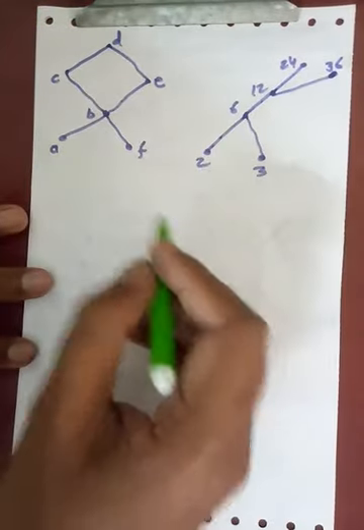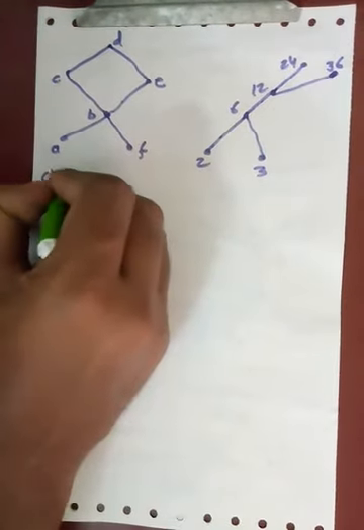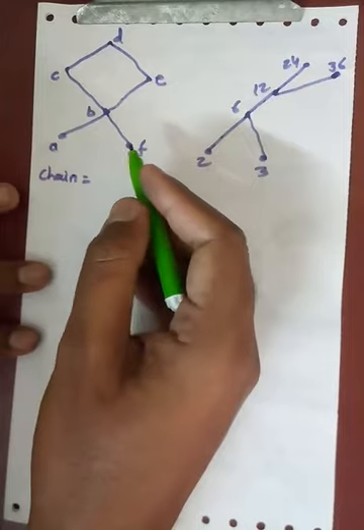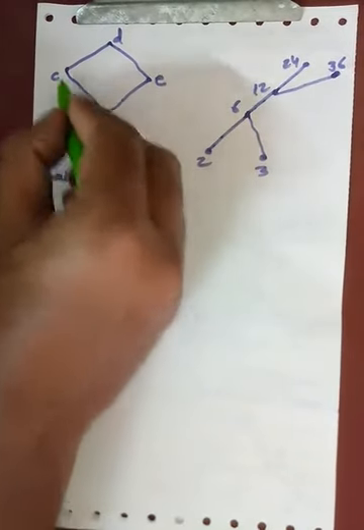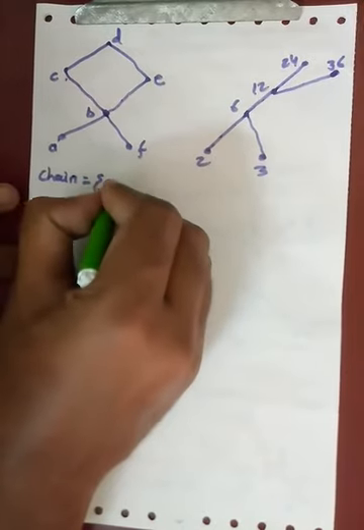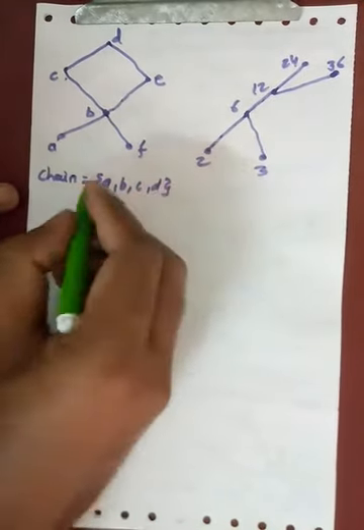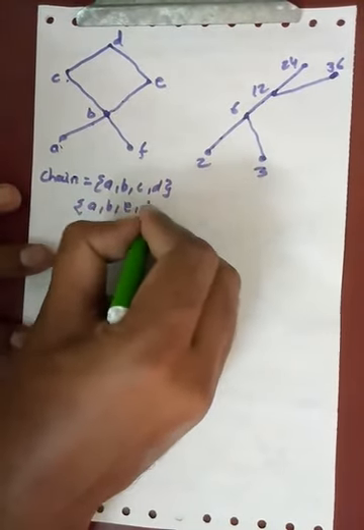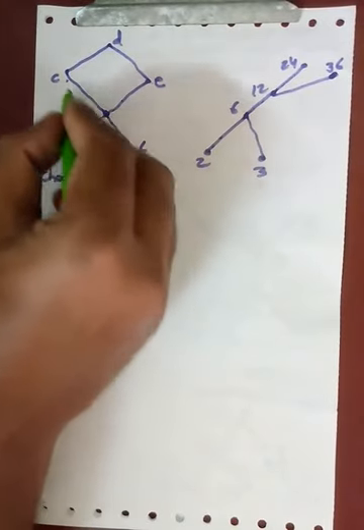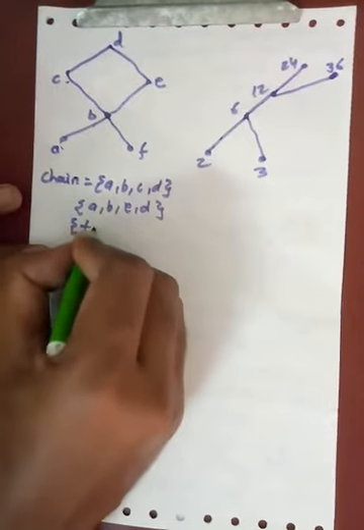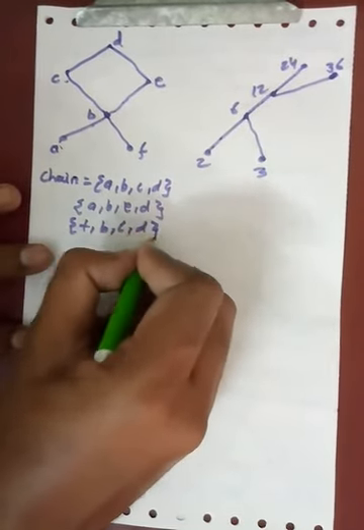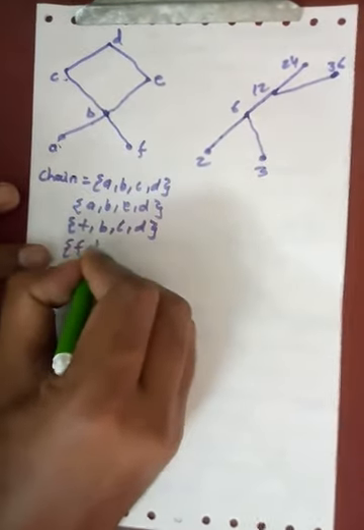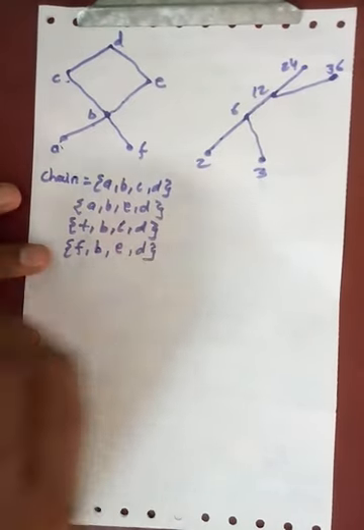See some more examples. In that, the chain is related, or comparable, elements: A, B, C, D. So the chain is A comma B comma C comma D. Again A, B, E, D. Again F, B, C, D. Again the chain is F, B, E, D, right?